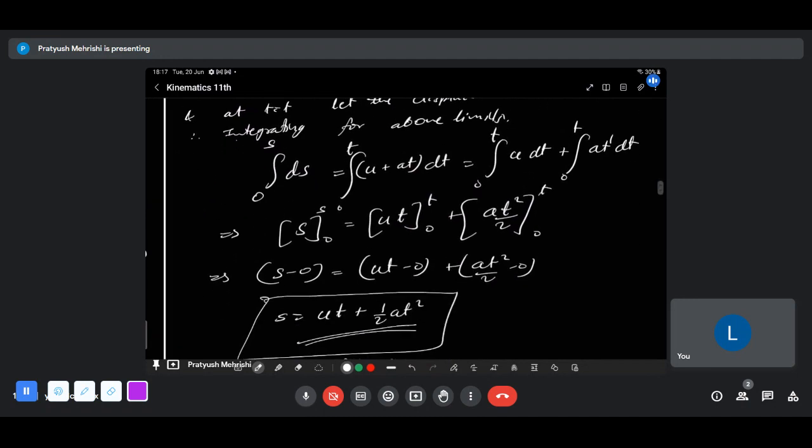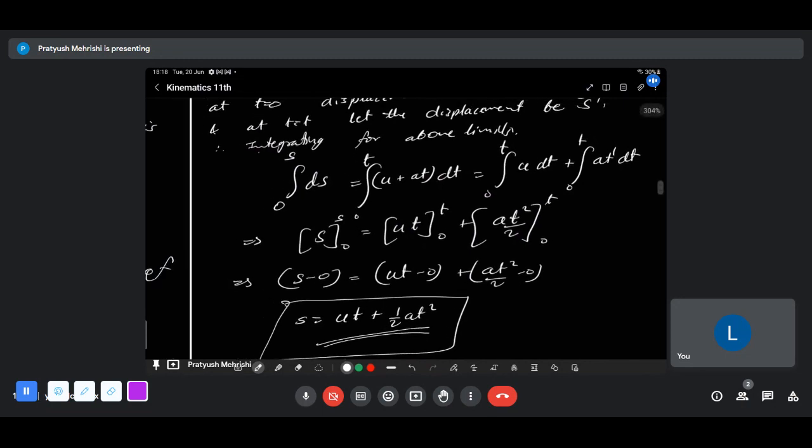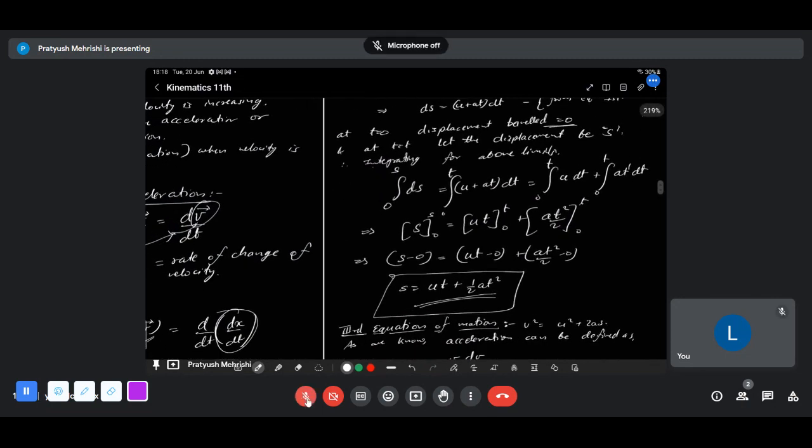Integrating for the limits 0 to s and 0 to t, we get the equation s equals ut plus half at square. Got it now? Anything you need to write down, or shall we move ahead?